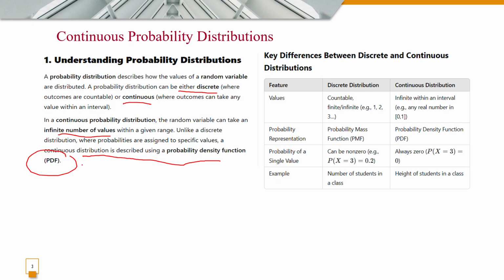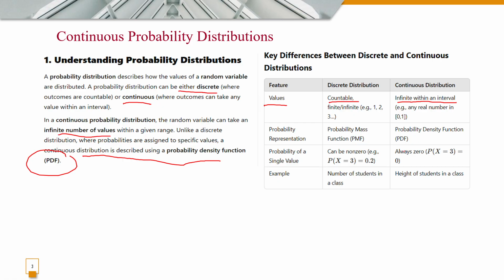The key difference between discrete and continuous distributions is that in terms of values, discrete is countable and infinite, and continuous is infinite within an interval. In probability representation, in discrete we use the probability mass function, and in continuous distribution we use the probability density function.